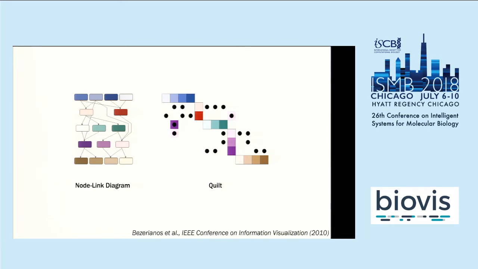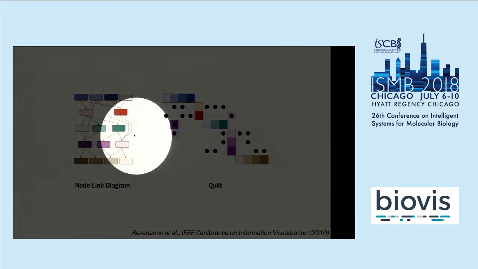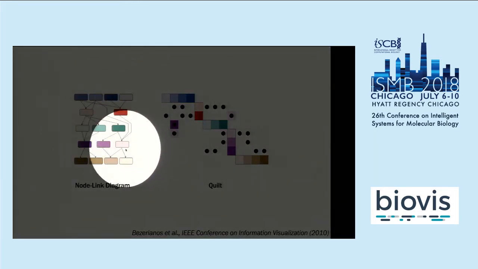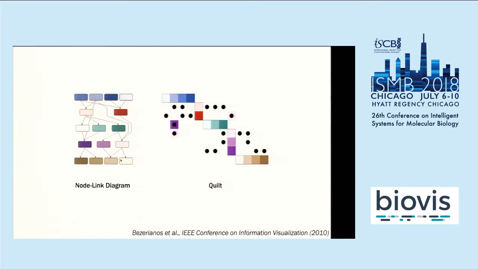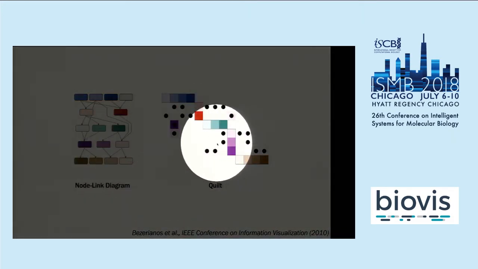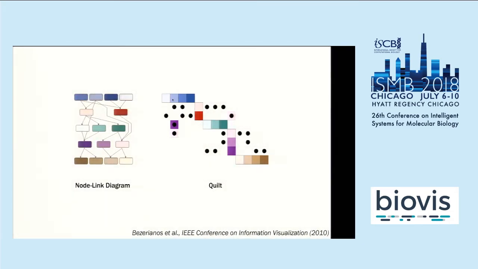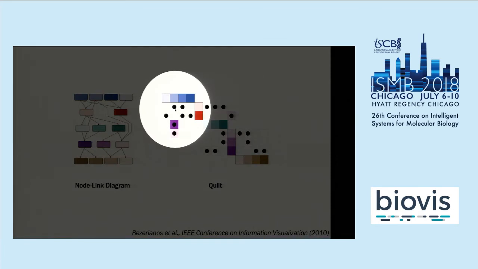So here's an example for a node-link diagram. On the left, you can see different layers have different colors, and we see the same colors over here in the quilt representation. Essentially, adjacent layers form orthogonal groupings in the quilt representation, and the black dots in this grid indicate the connections directly between the blue and the red layer.